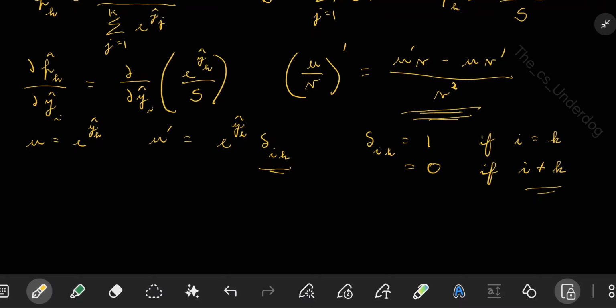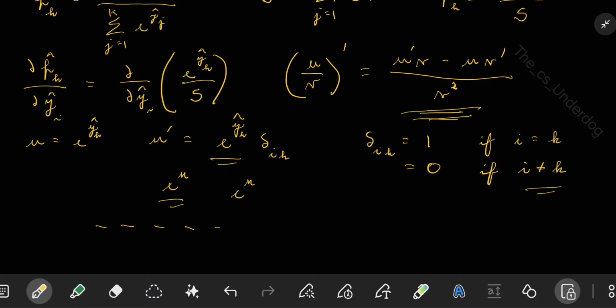The reason is, when you take the derivative of e power x, you will get e power x only. That is why this term came here. Then you have to take the derivative of yk cap with respect to yi. But the problem here is, yk cap will correspond to each of the k classes. For each of those, there will be a yk cap.